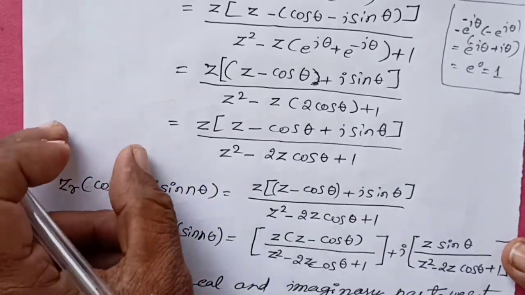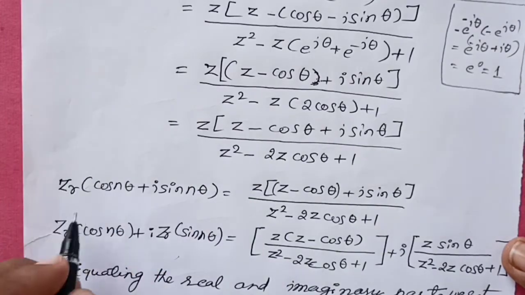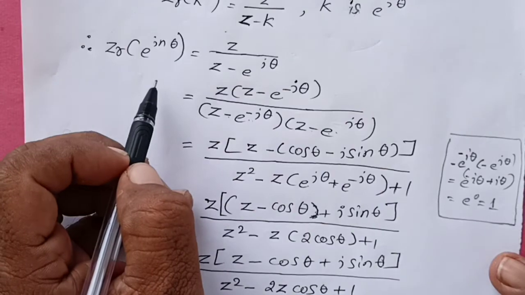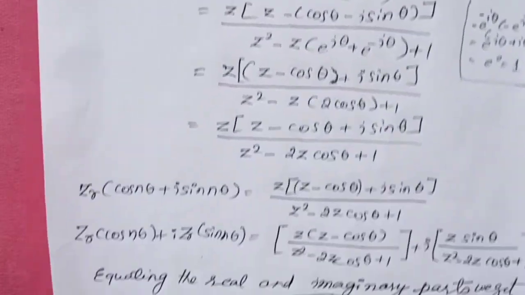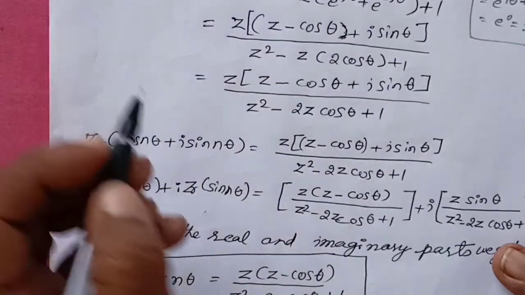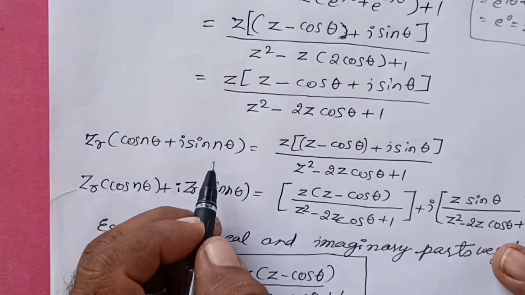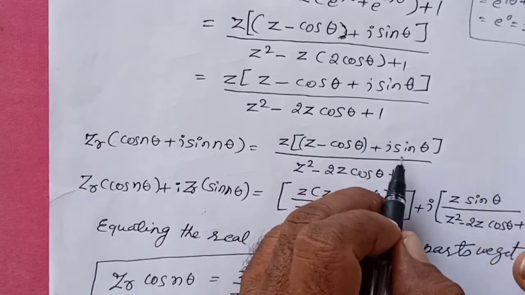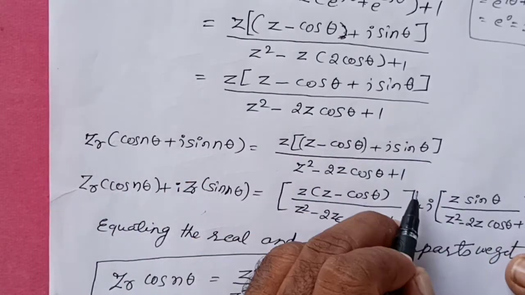Next take the Z transform on both sides. We proceed from e raised to i n theta, which is cos n theta plus i sin n theta, equal to z into z minus cos theta plus i sin theta divided by this term.